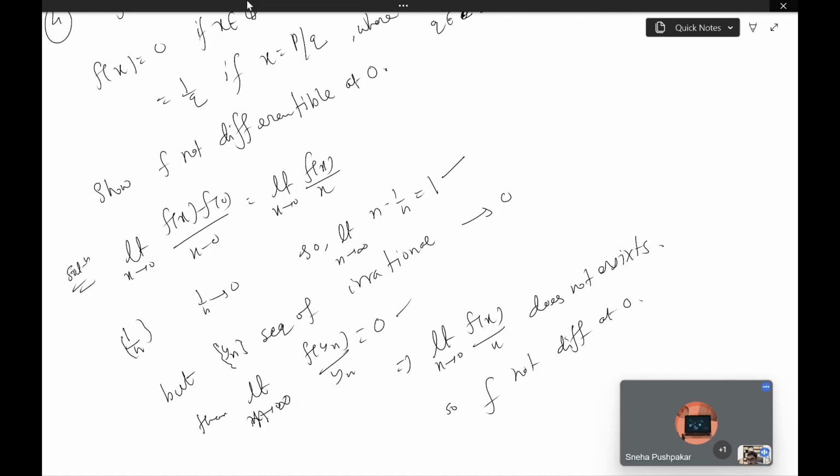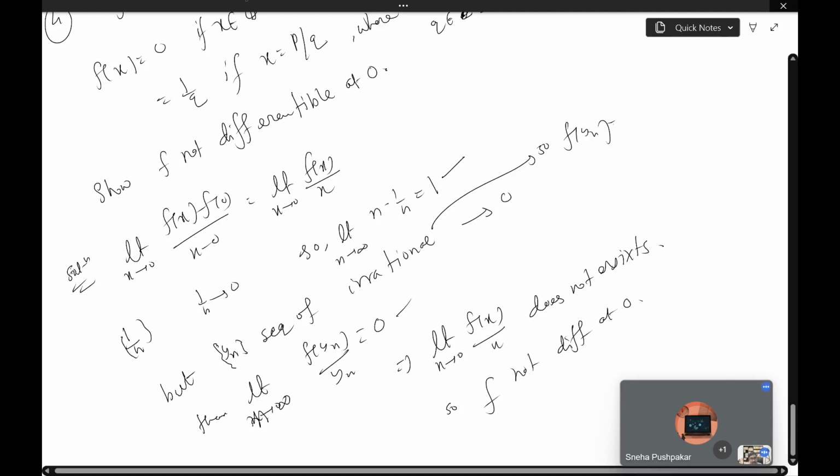Sorry, can you be louder? Sir, yn is an irrational number sequence, please repeat from here once more. So yn is a sequence of irrational numbers converging to 0. Such a sequence we are choosing. Since yn is irrational, f(yn) is 0, right?